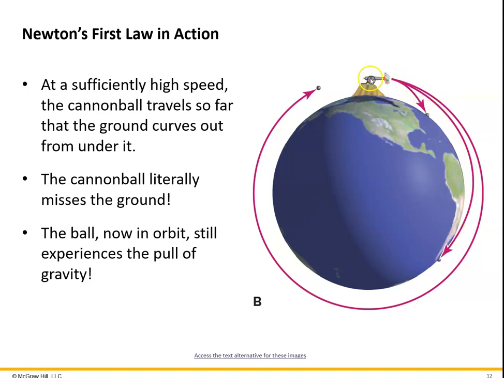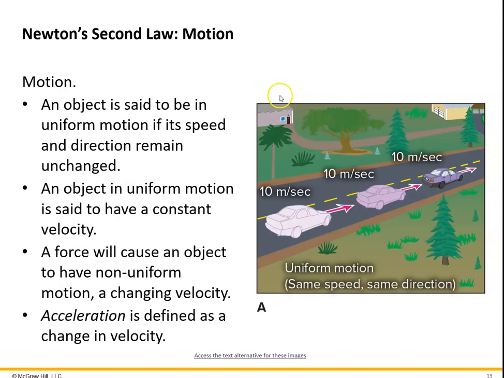Then you reach a velocity where the cannonball leaves the cannon and never returns. It just keeps going around the Earth. He worked out that's what's called the orbital velocity, which is different than the escape velocity, as we're going to see.